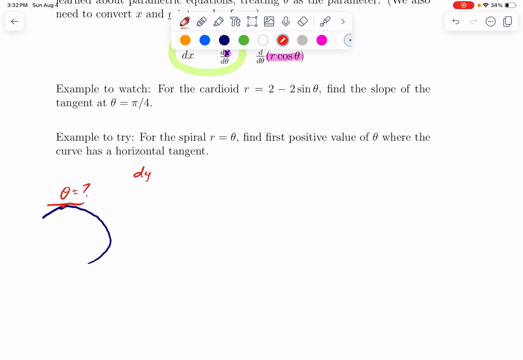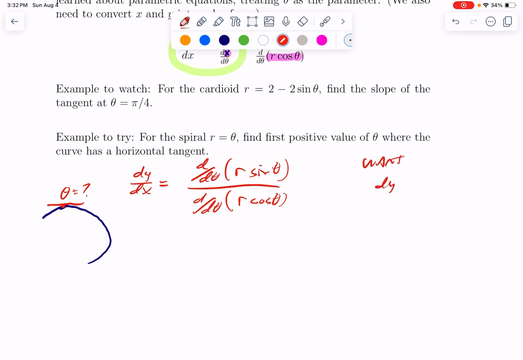So we know the slope of the tangent would be the derivative with respect to theta of, I'll just skip the intermediate step, r sine theta, which is y, over the derivative with respect to theta of r cosine theta, which is x. Now we want this derivative to be equal to 0. And a fraction is equal to 0 when the top is equal to 0.